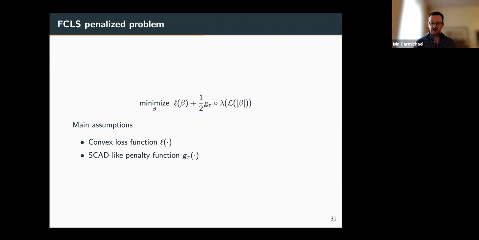So I'm going to make two assumptions going forward, or sort of two main assumptions. I'm going to hide all the minor technical assumptions under the rug. Our two main assumptions are that the loss function is convex, and that the concave function g that we use is what I'm going to call a SCAD-like penalty function.